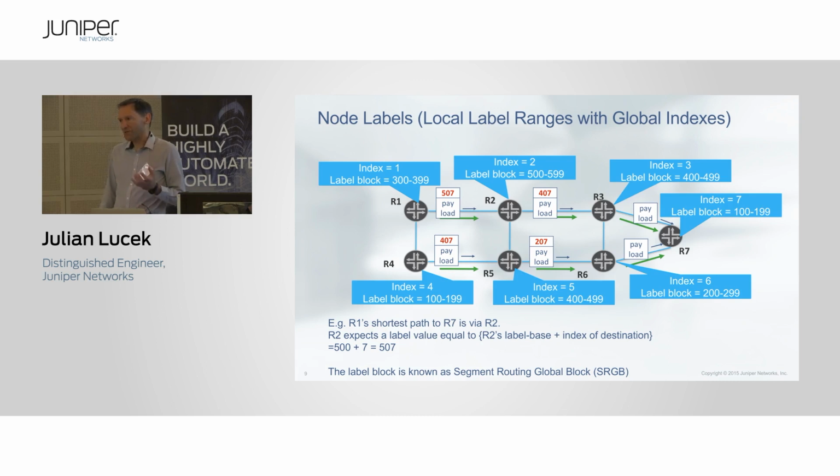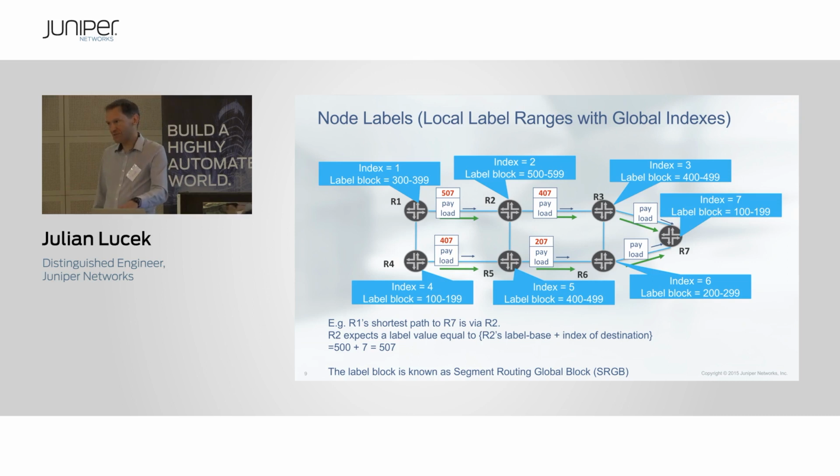And so that's the value that's put onto the packet. Packet arrives at R2. R2 knows that this is the label it associates with shortest path forwarding towards R7. And so it says, who's my nearest neighbour towards R7? It's R3. What's the label that R3 is expecting? It's the label block that R3 has advertised, starts at 400. I add the index of the final destination router. 7 plus 400 equals 407.